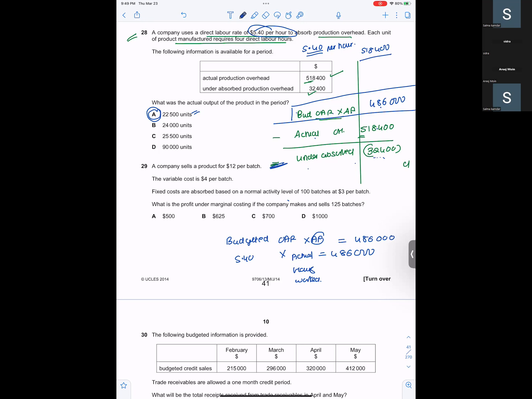The labor rate 5.40. 518,400 divided by 5.4 will give you 96,000. 96,000 into 5.4.